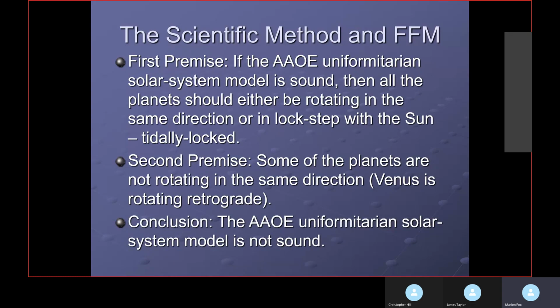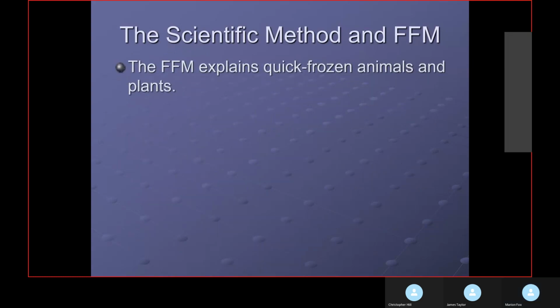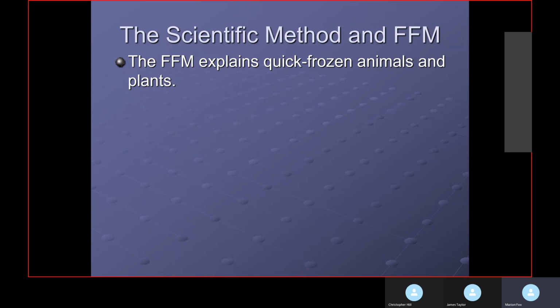Therefore, their model is not sound. So you can't take a uniformitarian model. There has to be something else to cause that retrograde rotation. And of course, they can't be strict uniformitarians. Give up strict uniformitarianism here.